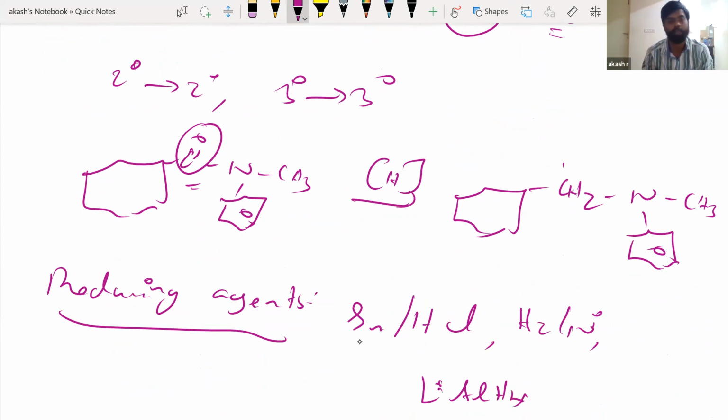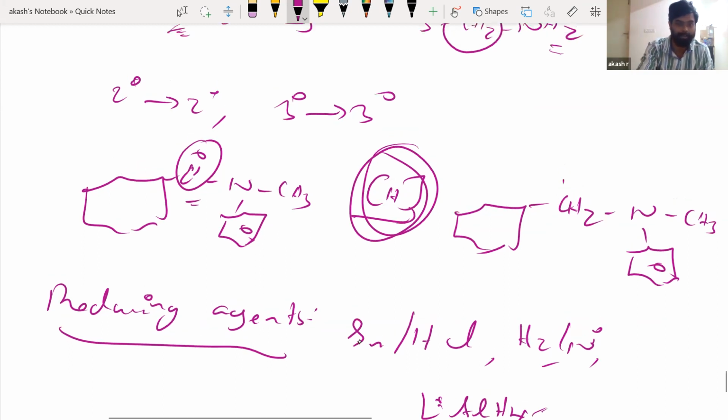Any of these things can be used in the place where we wrote the reduction symbol. These reagents can come. Very, very simple.